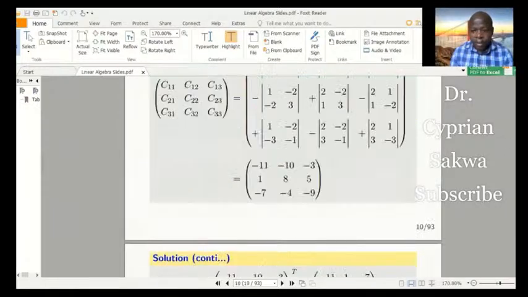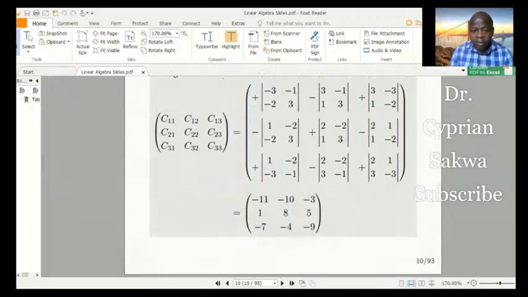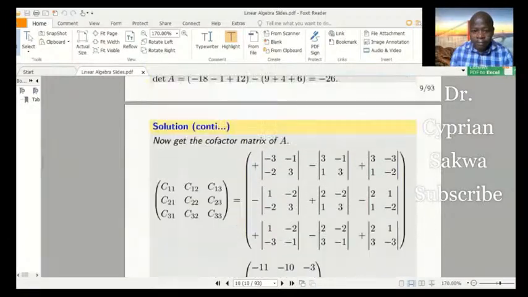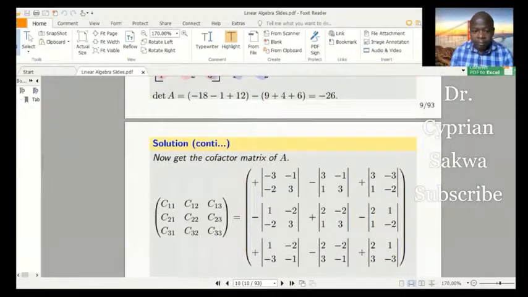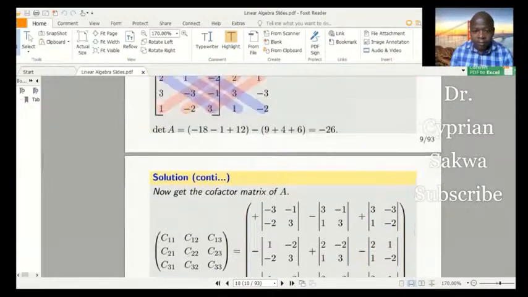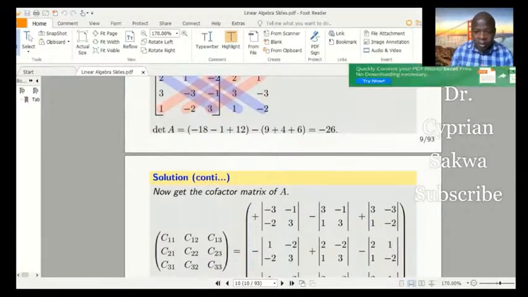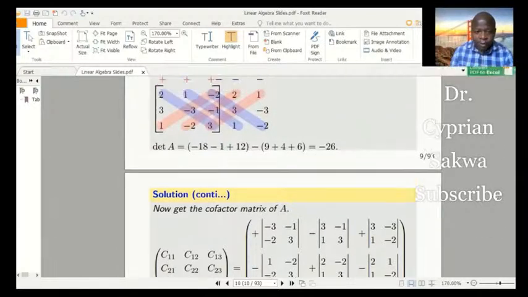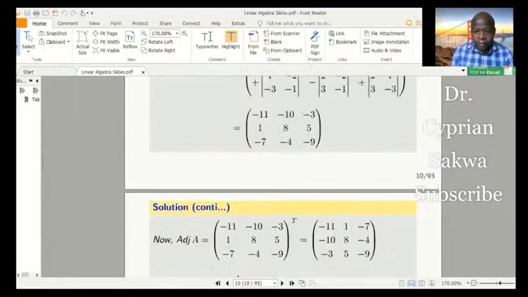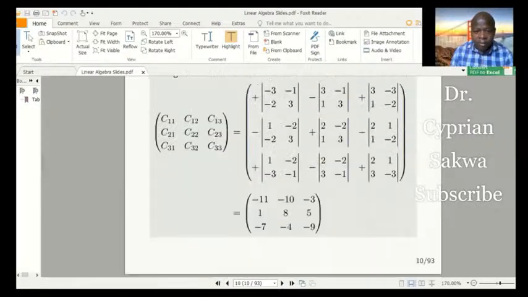From there, the next thing is for us to get the cofactor matrix. So what was our matrix?